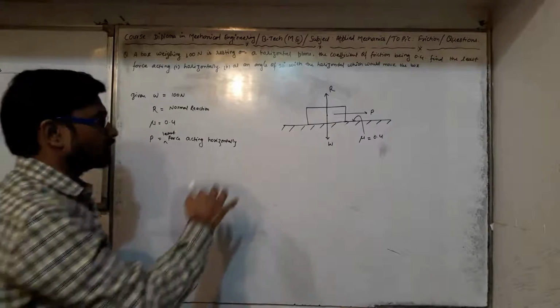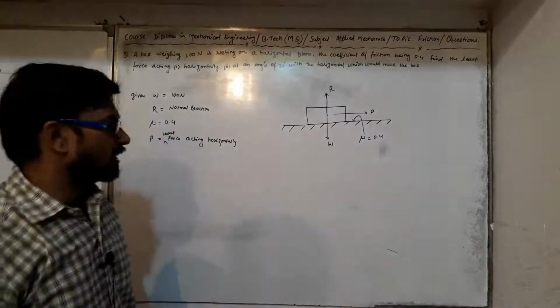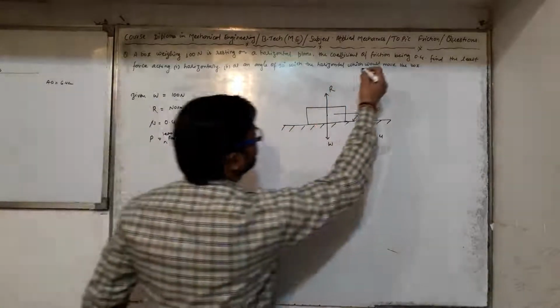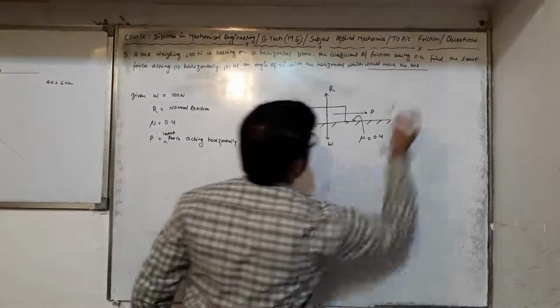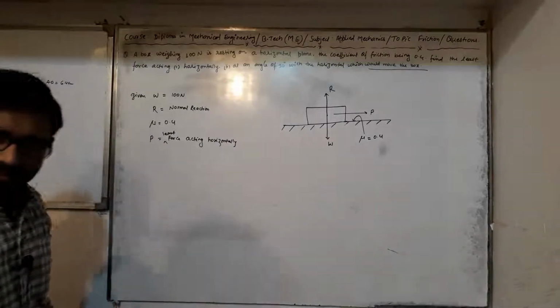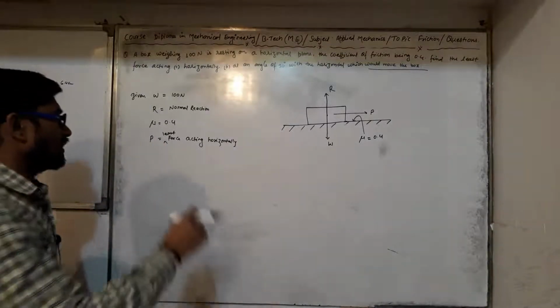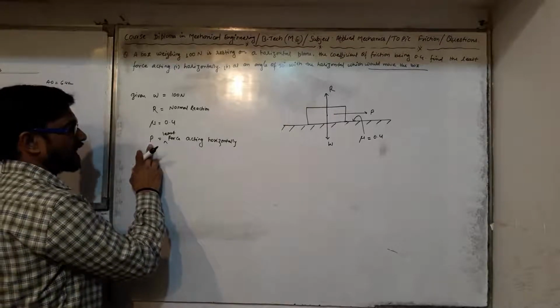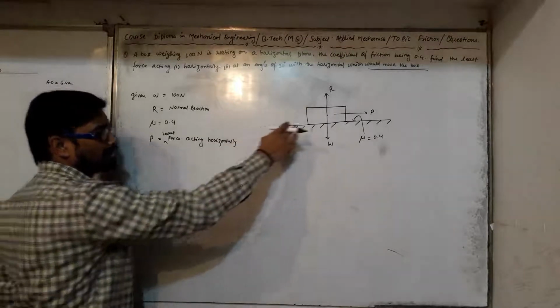Now, so as to move the body, the tendency of the body is to be about to move. Here it is mentioned that it would move the box. It means the box is not moving exactly, but as the force P is applied, it is the minimum amount of force acting on the body so that the body is about to move.